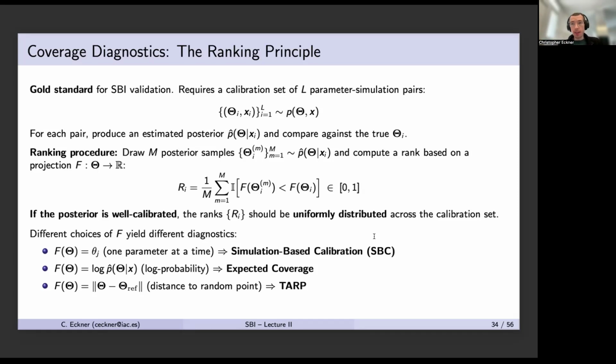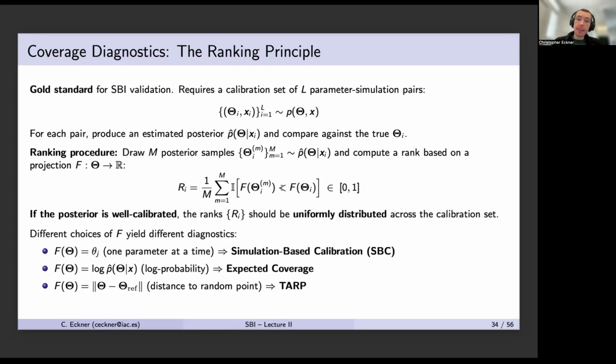What we are exploiting here is the amortization feature of simulation-based inference. For each of these target observations, you can get a posterior. And what you then do is define a certain ranking metric by a certain projection function, as done here in this example.